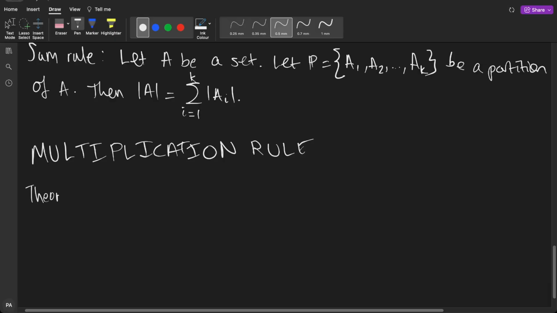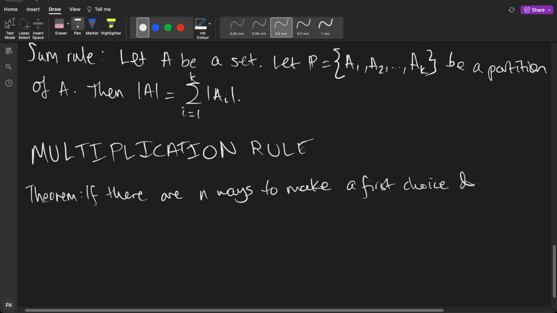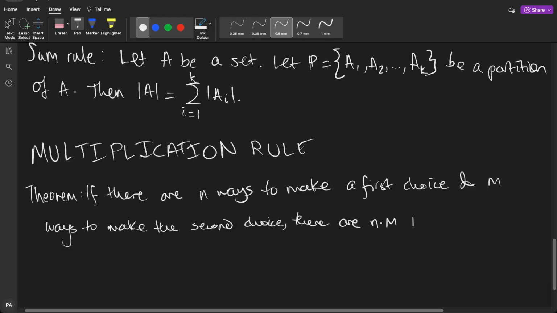So, the theorem states: if there are n ways to make a first choice and m ways to make a second choice, there are n times m ways to make the first and second choices together.